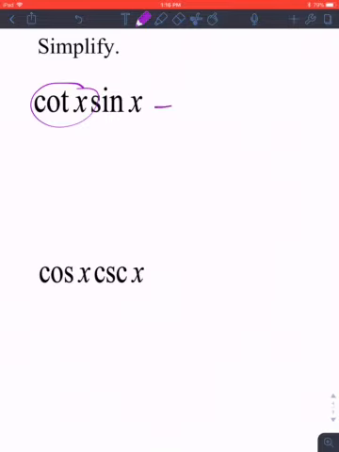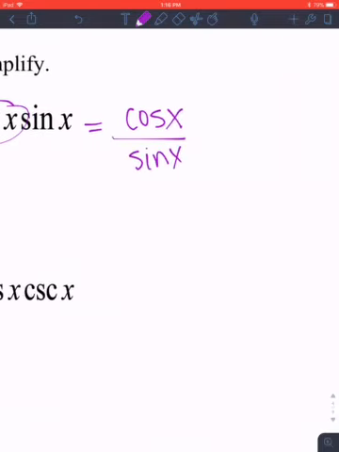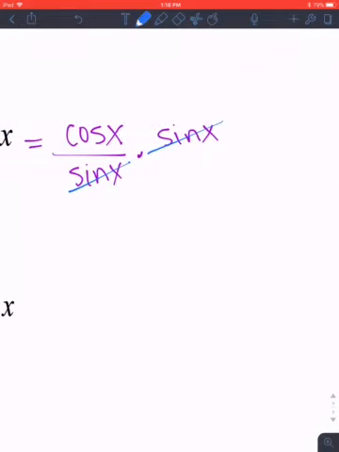So I'm going to make that cosine of x divided by sine of x. And that is still being multiplied by sine of x, so then what ends up happening, voila, is that sine of x and sine of x cancel, and all you're left with is cosine of x.